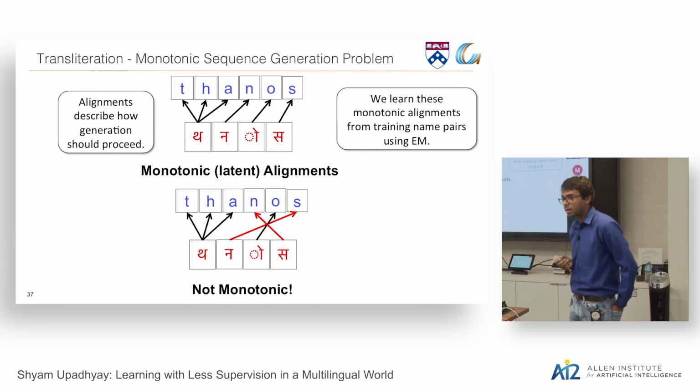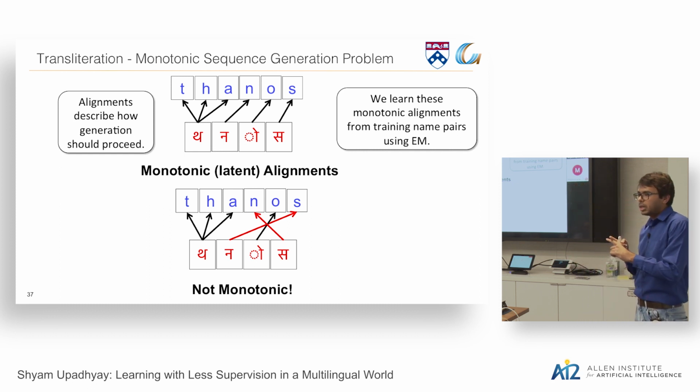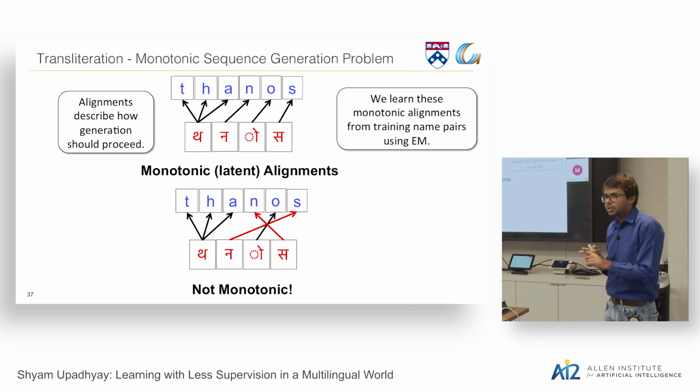Sorry, what was the motivation for why the alignment should be monotonic? If you have non-monotonic generations, the same name will get pronounced in a different way. Why would I not expect that to be different? Well, transliteration would be largely monotonic because if you destroy the pronunciation of the name, then it's difficult to recognize the same entity, right?